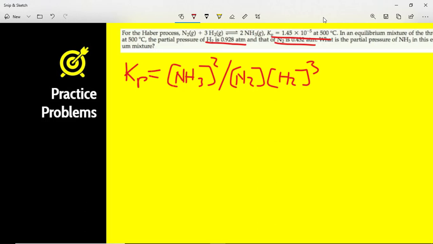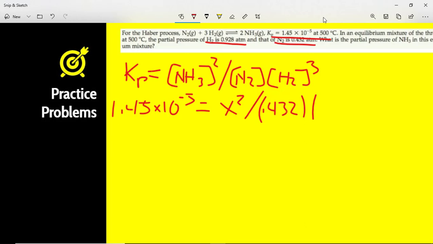So let's do a little bit of algebra here. So we're going to have 1.45 times 10 to the negative fifth set equal to our unknown value, x squared, divided by N2, 0.432, times H2. And we're going to cube that.